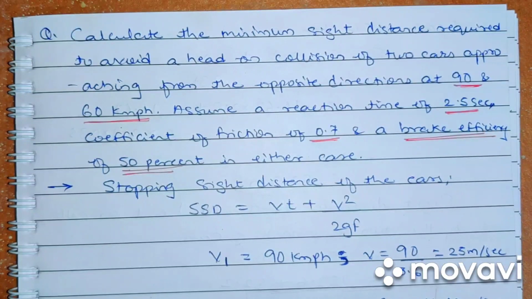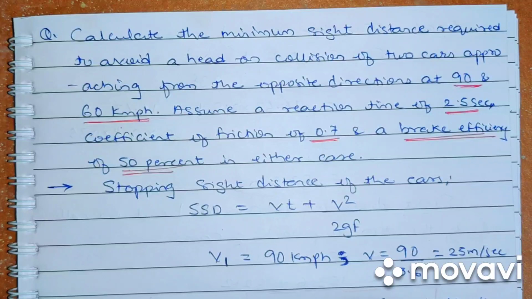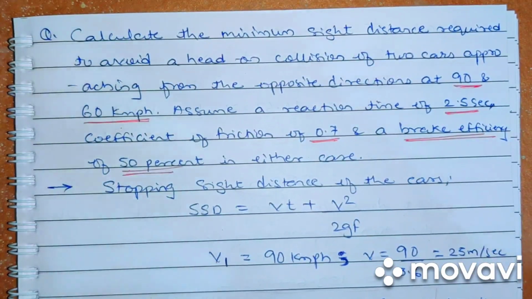We have been given two cars traveling at speeds of 90 and 60 kilometers per hour, and the reaction time of the driver is 2.5 seconds with the coefficient of friction being 0.7. But here we have a condition that the brake efficiency is 50% for both the cars.